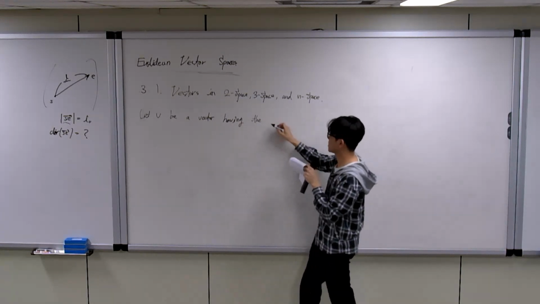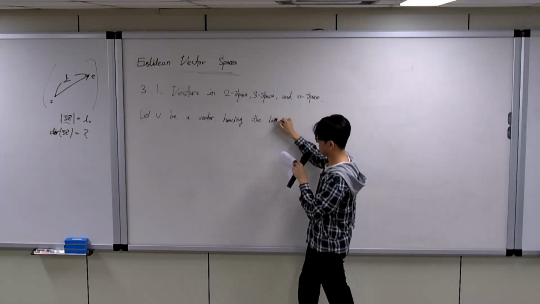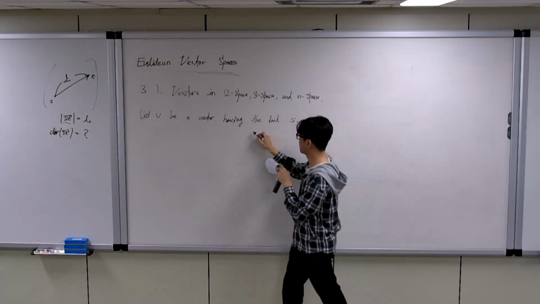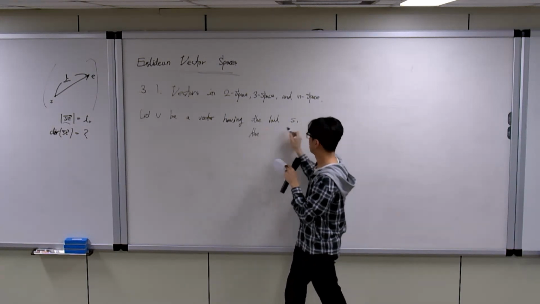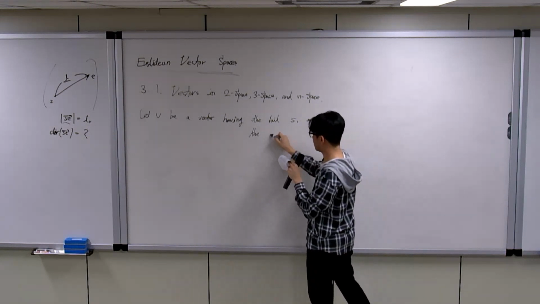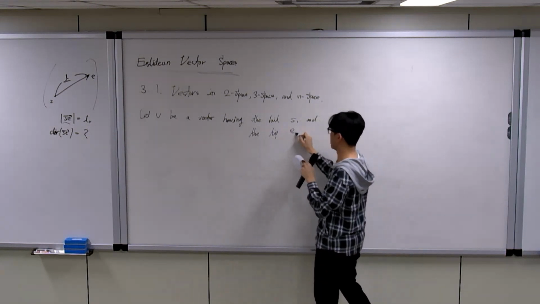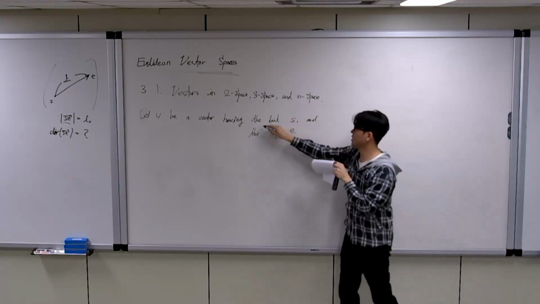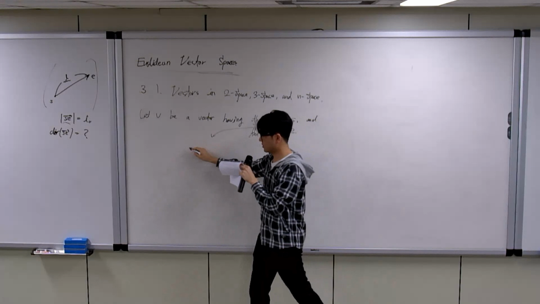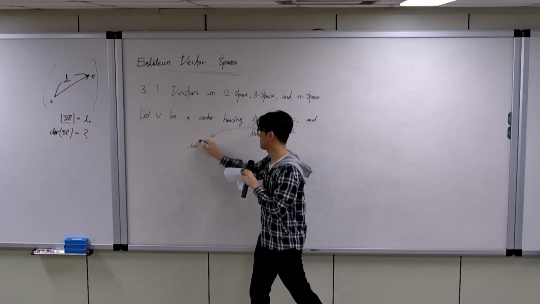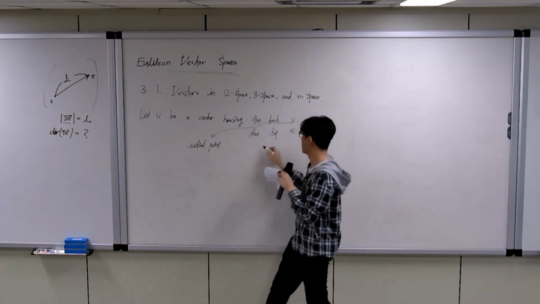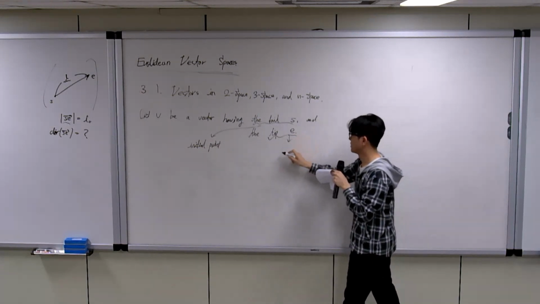One is the tail point, the tail S, and the other is the tip, the end point. We will say this is the initial point, and this point is the terminal point.